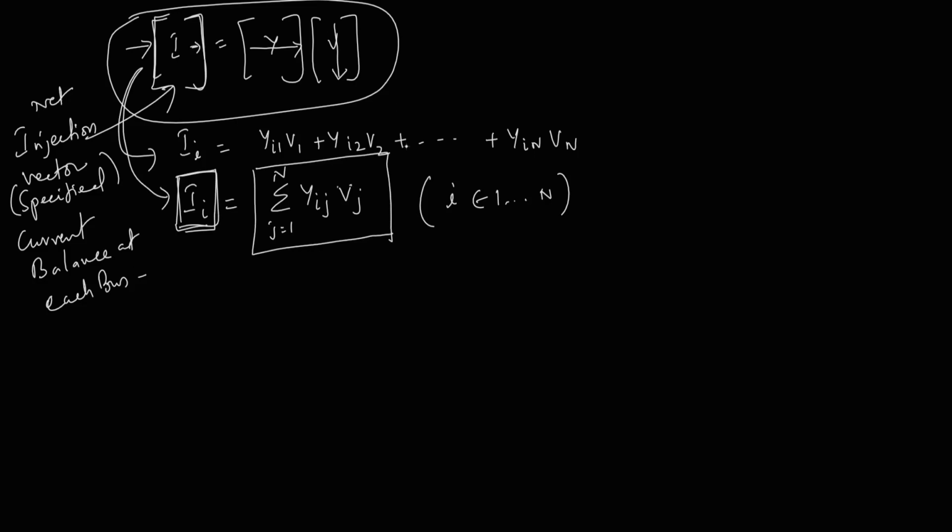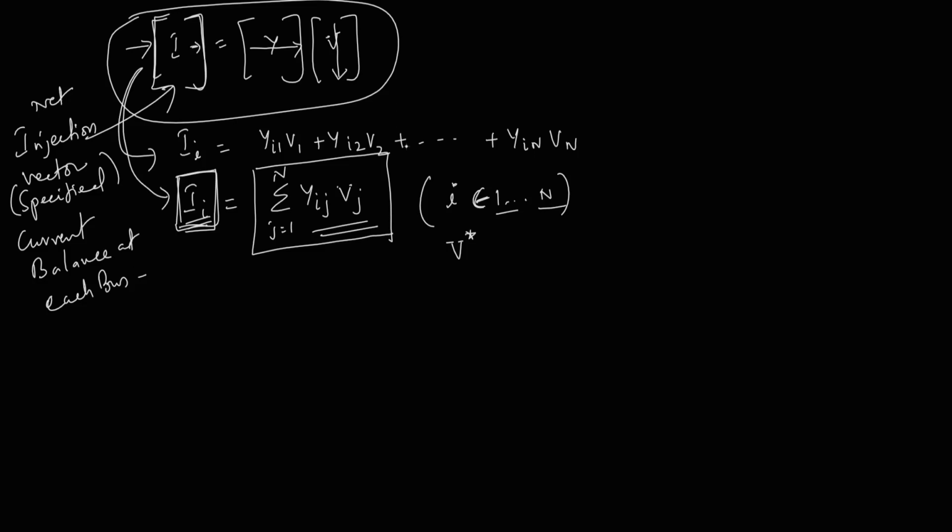See, suppose one particular V vector, V star, is such that this summation equals this I_i, for i belongs to 1 to n.